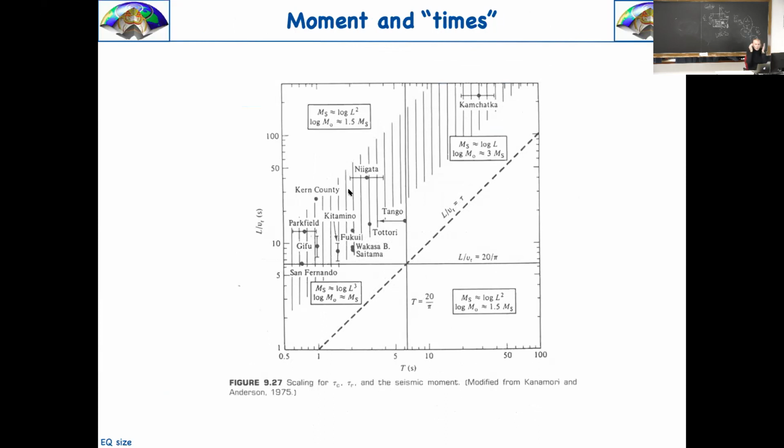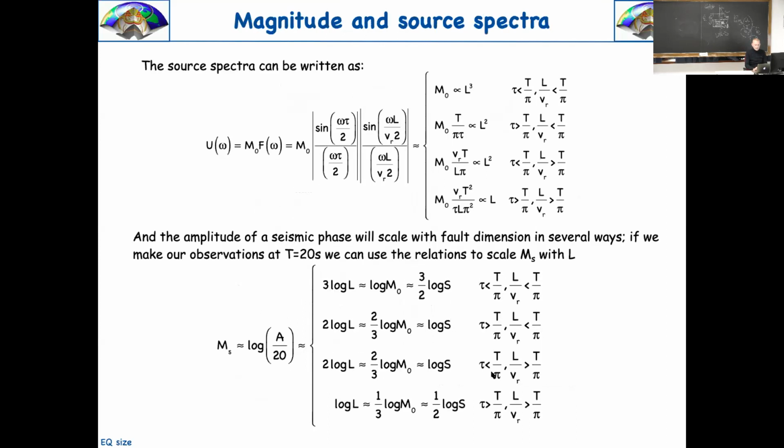As we are waiting, most of important earthquakes fall in this quadrant here, where rupture time is larger than 7 and rise time is less than 7. So they had a confirmation. And here was still a mess. And they used this. It's a consequence, because you see, this quadrant here is this.